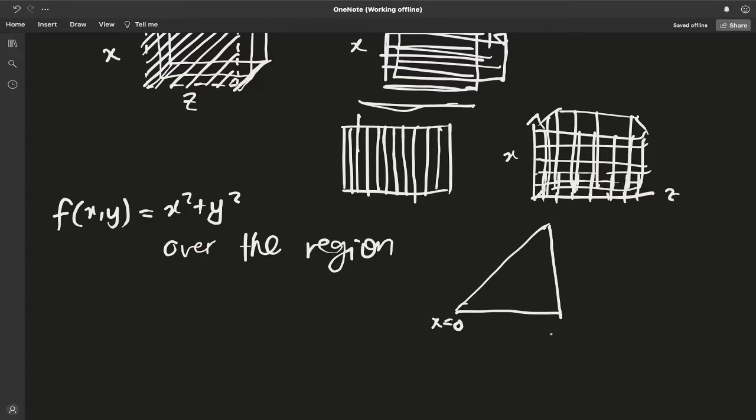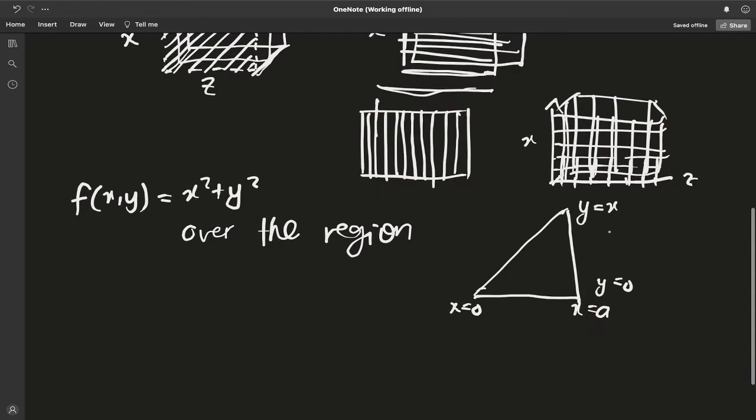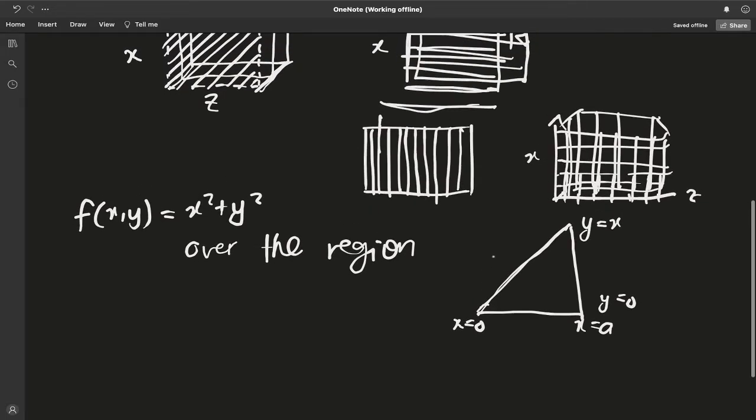Going from x equal to 0 to, say, x equal to a, and then y goes from 0 to where y is equal to x, because we have this 45-degree angle subtending line here.